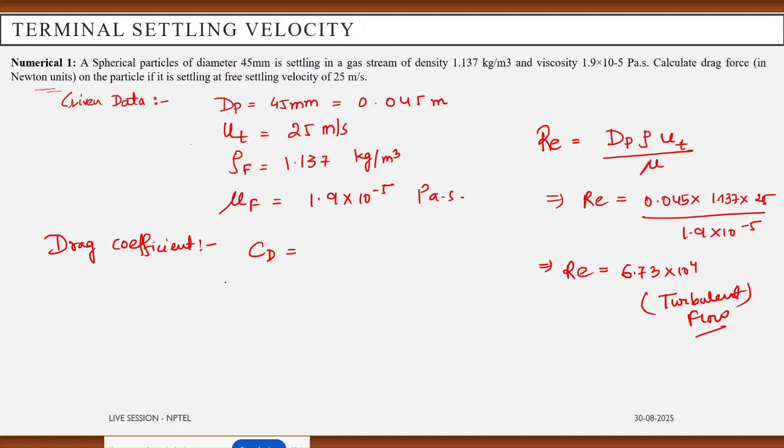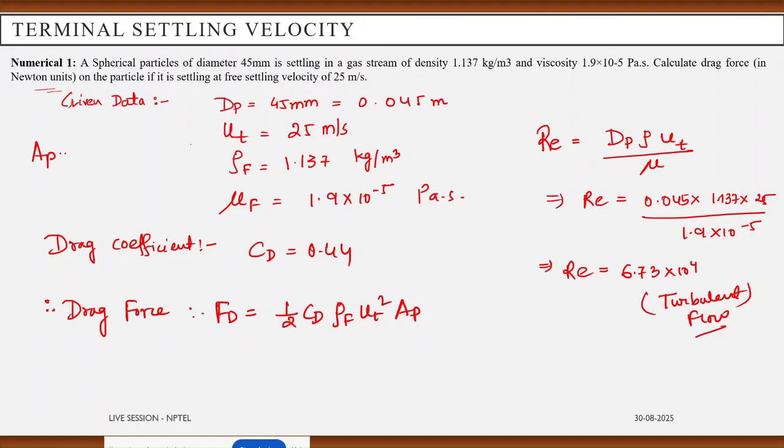For turbulent flow, as we have learned, the drag coefficient value becomes constant. It is 0.44. So the rest of what we have to do is find the value of the drag force, which we can calculate using the equation. The equation is half of CD rho f ut square into AP. Now what is the AP here?